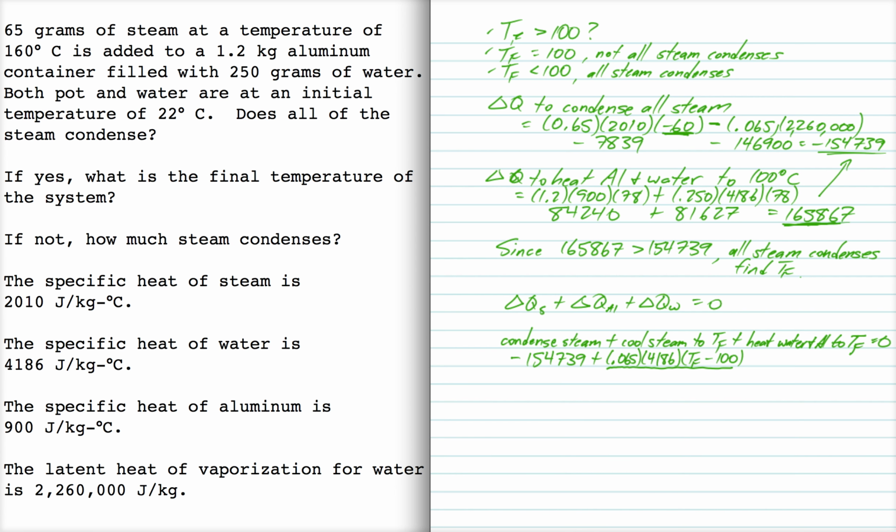You're only going the last little bit. And then to heat the water and the aluminum, for the aluminum, it's 1.2 times 900 times TF minus 22. And for the water, it's 0.250 times 4186 times TF minus 22. Okay, so that all sums to 0.